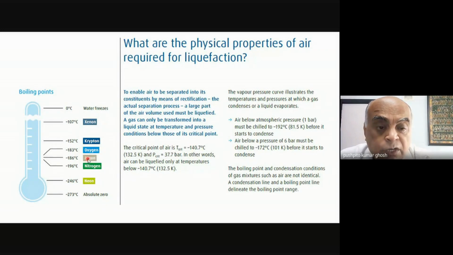Okay? So obviously it's not going to be so easy to separate out argon from oxygen, especially since the temperature difference is so low. So what we'll be really talking about today is the separation of oxygen and nitrogen, and if time permits, we'll also talk about how argon is recovered.